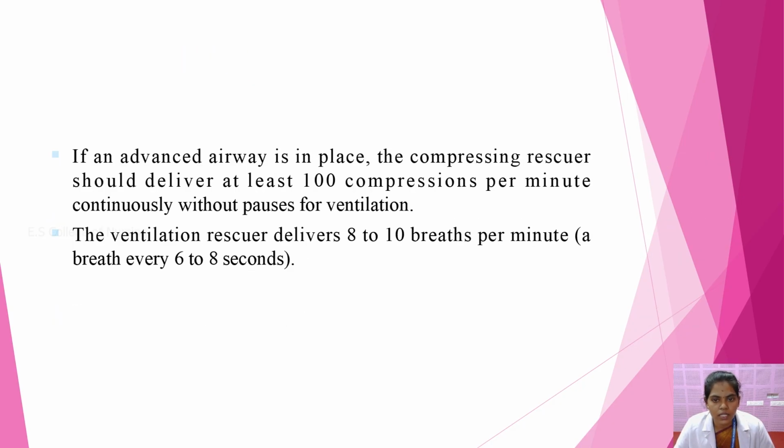If an advanced airway is in place, the compressing rescuer should deliver at least 100 compressions per minute continuously without pausing for ventilation. The ventilating rescuer delivers 8 to 10 breaths per minute, one breath every 6 to 8 seconds.